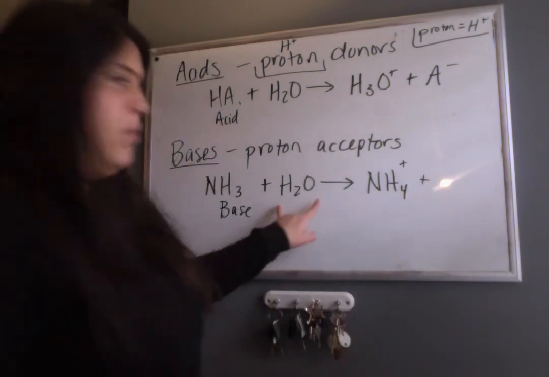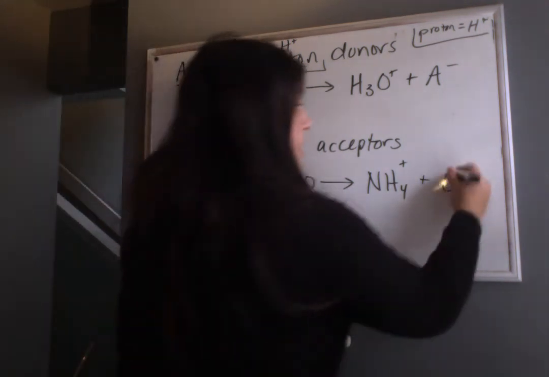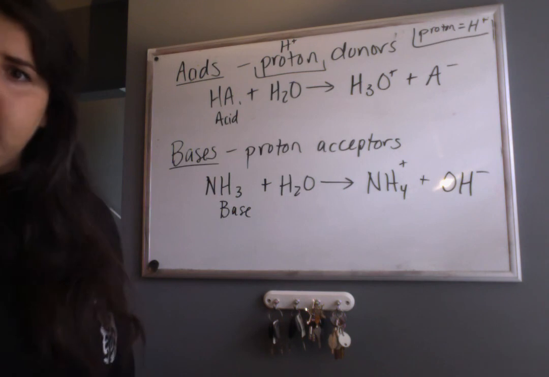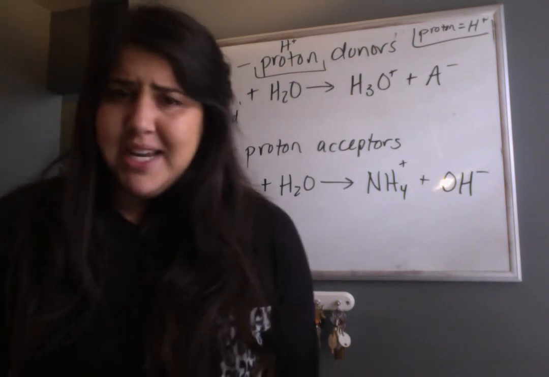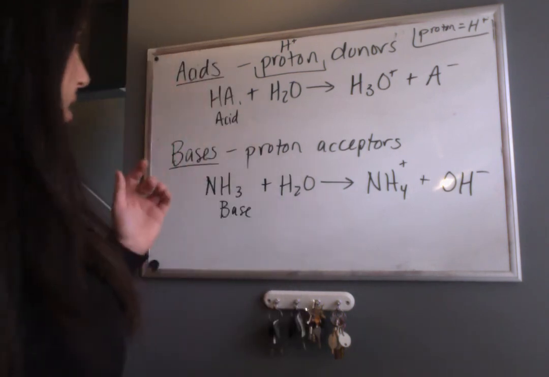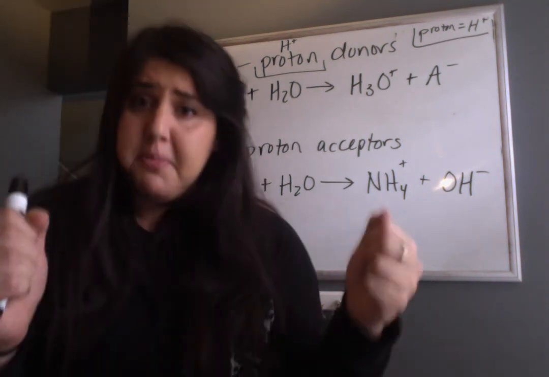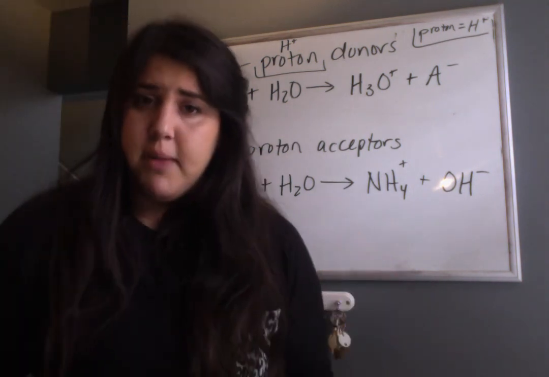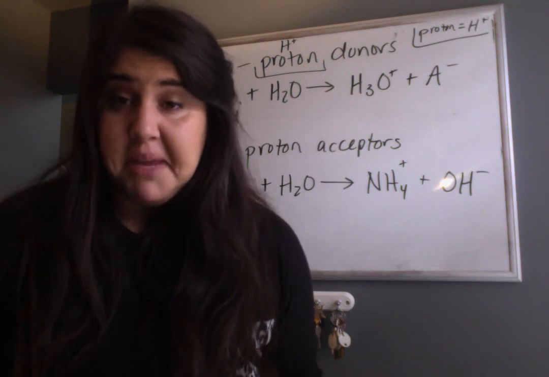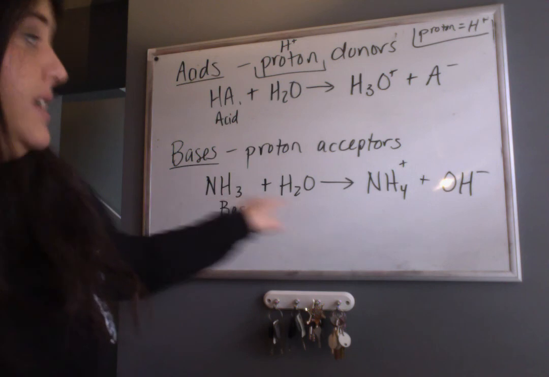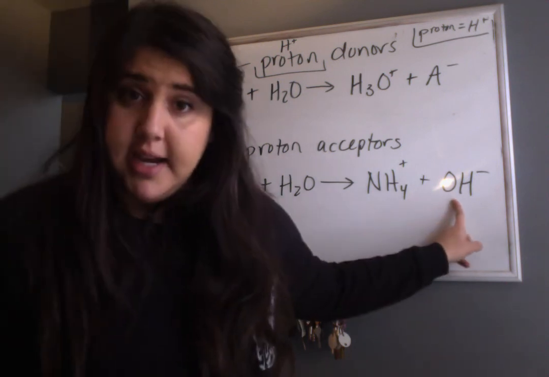And what's left of water? Nothing but hydroxide. Now that's kind of interesting. We said that Arrhenius was wrong. Arrhenius told us that bases are things that break apart in water to form hydroxide, and ammonia did not break apart to form hydroxide, but it did form hydroxide in water.